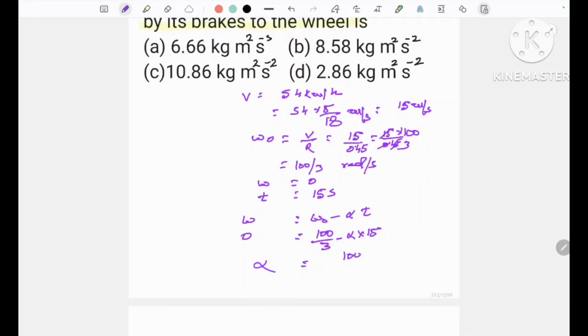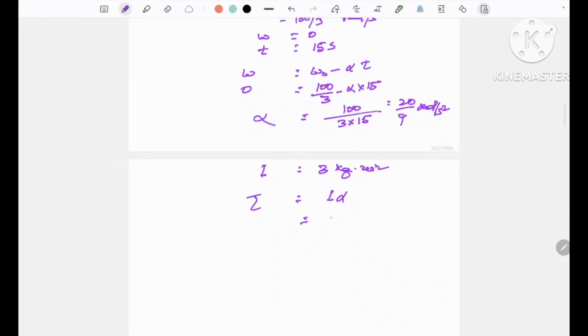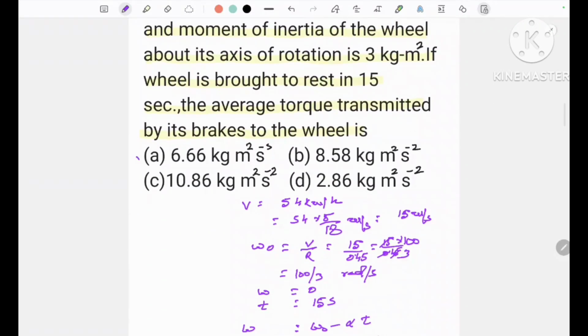Alpha is equal to 100 by (3 into 15), 20 by 9 radian per second square. Moment of inertia I is 3 kg meter square. The torque required is I alpha or 3 into 20 by 9, 20 by 3, 6.66. A is correct option.